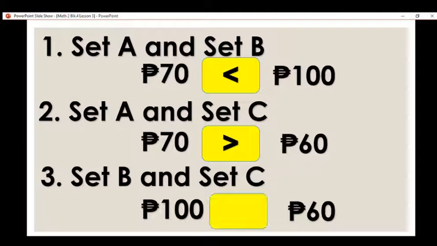What would be the symbol that we can use to compare these two sets? Okay, very good. Because 100 is a bigger number than 60, we can say that 100 pesos is greater than 60 pesos. Good job. I guess everybody got the correct answers.